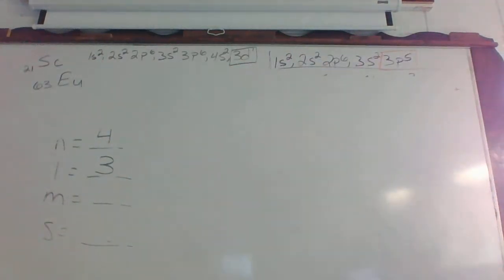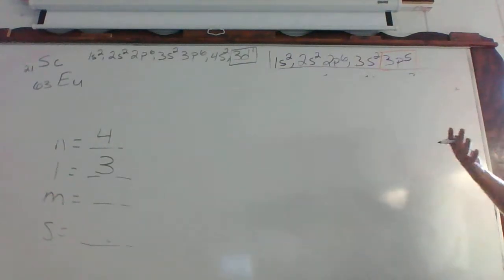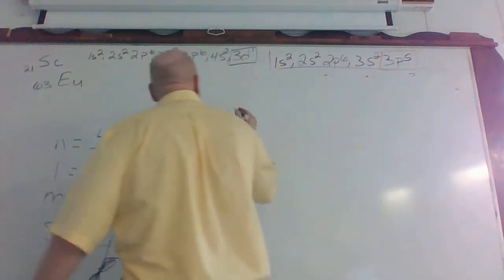Now, how many horizontal lines do we put for europium? 7. Did you just pull that number out of a hat? Because it's half of 14. The F block can hold a total of 14. Each one of these subshells can hold a maximum of 2. So that's why you have to put 7 of them.